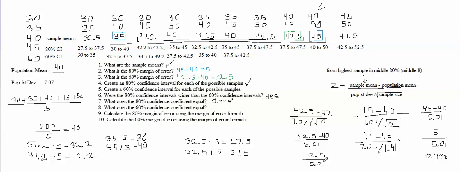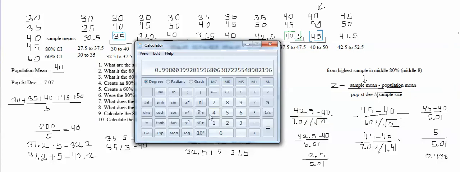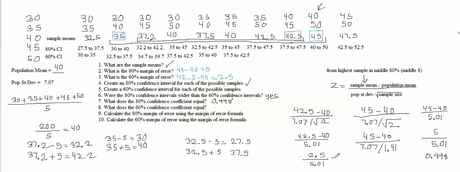which equals 2.5 divided by 5.01 is 0.499. The reason I didn't do all of the work this time is because if what is on the bottom of the fraction is what we had on the bottom last time, there's no point in doing that math over again.